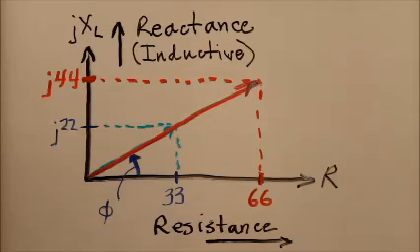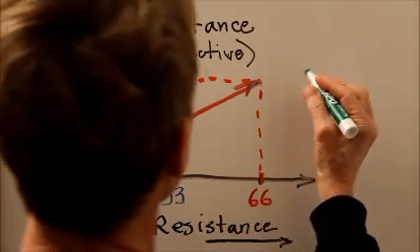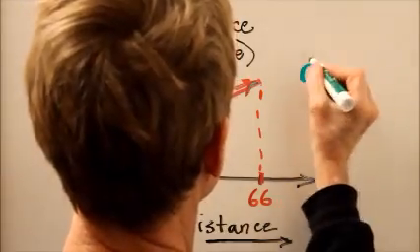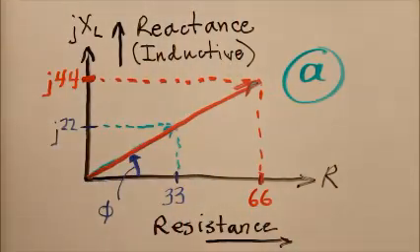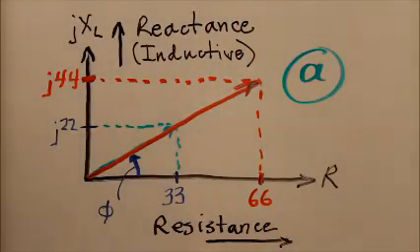The result then is that this vector, this phase angle vector, will point in the same direction as it did before. That particular situation is reflected by choice A, as in alpha. That concludes the final exam for Teach Yourself Electricity and Electronics, 5th edition.